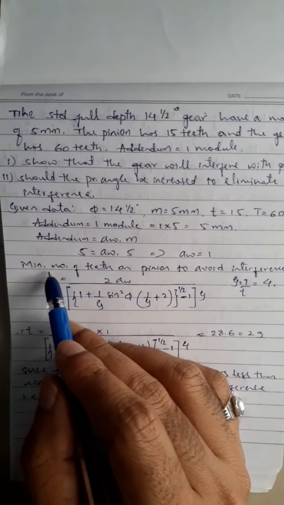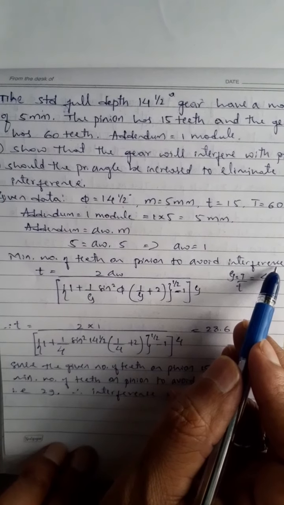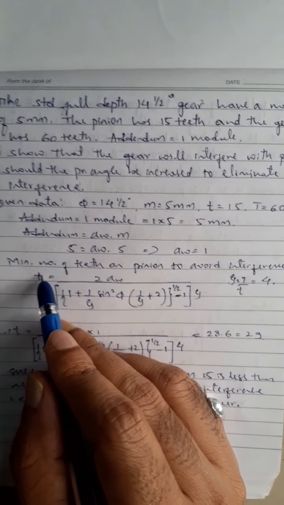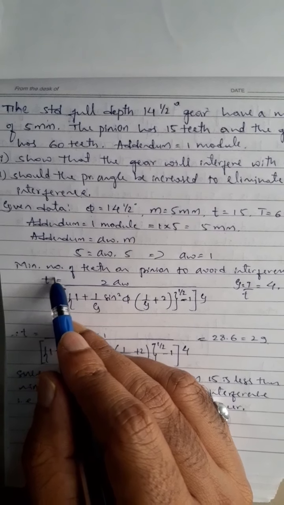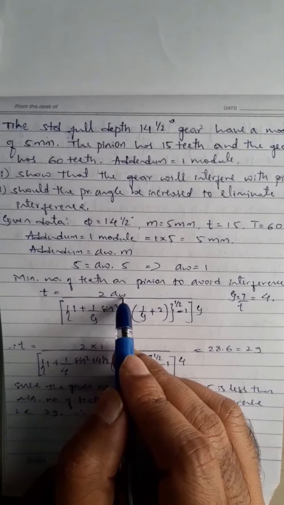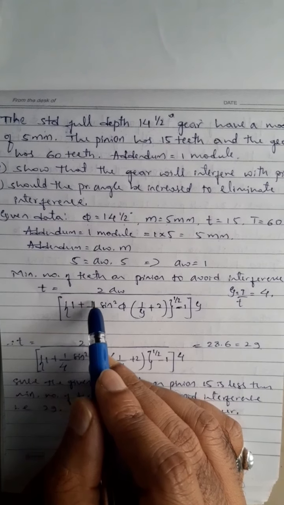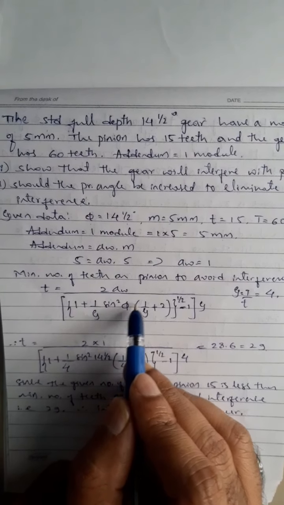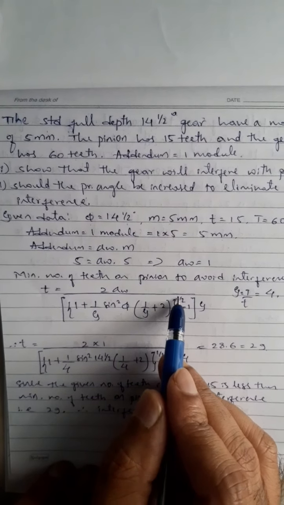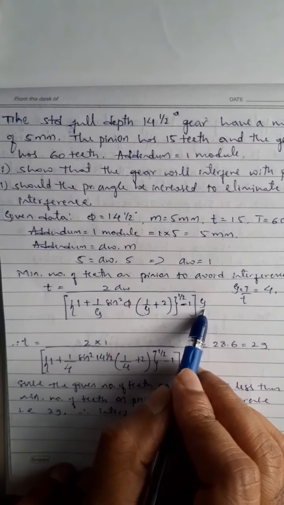Next, the minimum number of teeth on pinion to avoid interference. This is the equation we know: small t is equal to 2 into AW, that is the addendum constant, divided by (1 plus 1 by g) sin square phi into ((1 divided by g plus 2) whole raised to 1 by 2 minus 1) into gear ratio g.